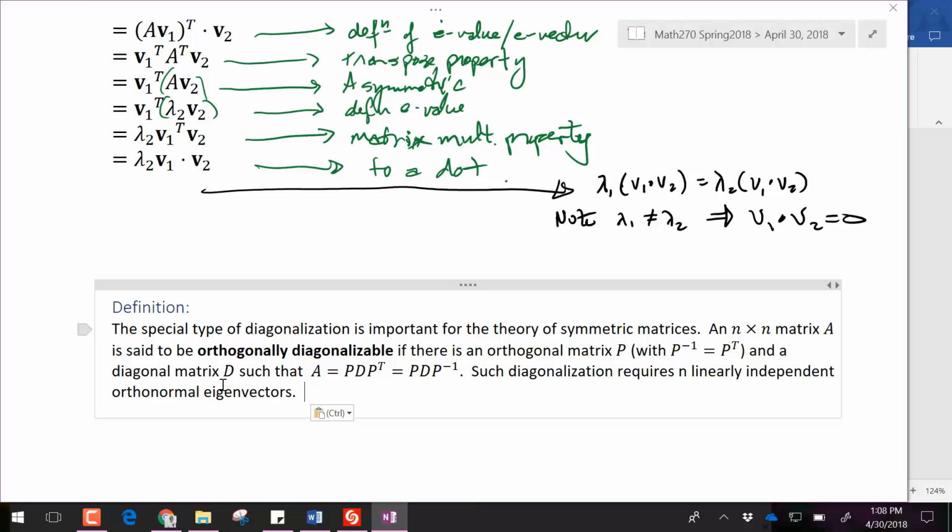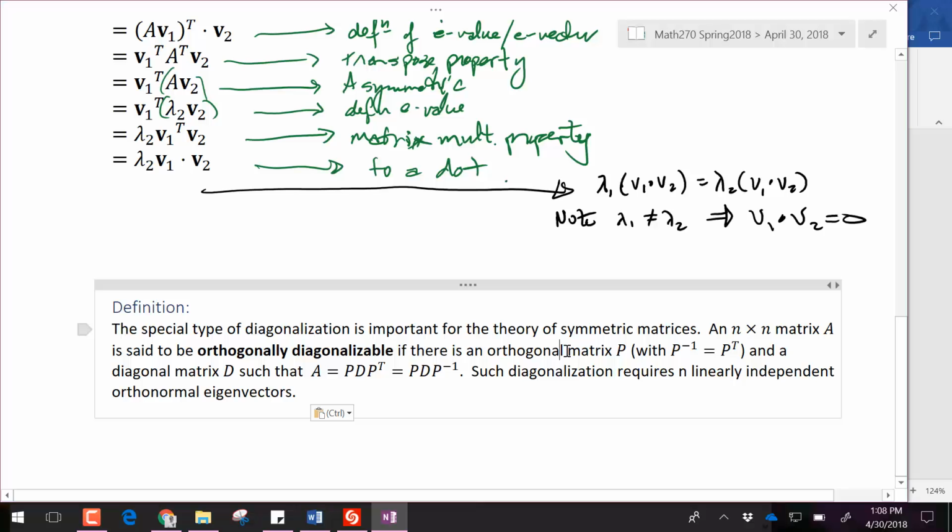Well, let's take a look at the next theorem. So remember that an orthogonal matrix means that the columns of your matrix are not only orthogonal, but they have to be of unit length also.